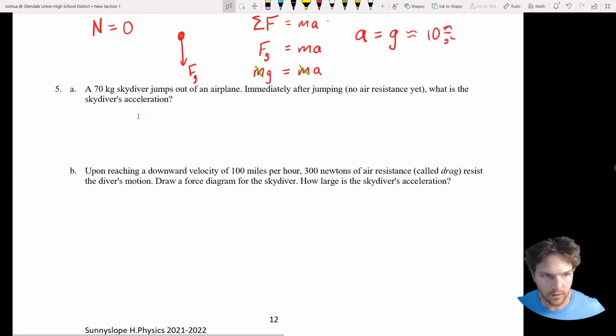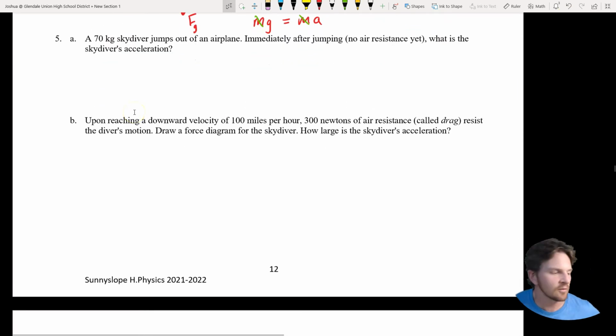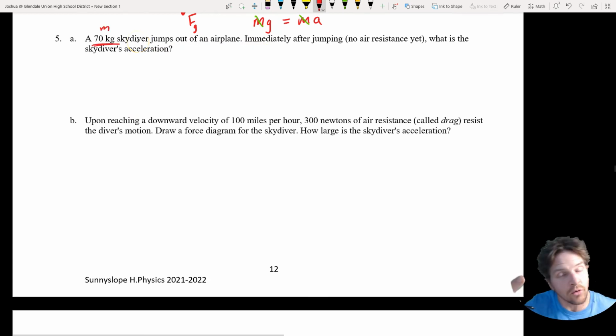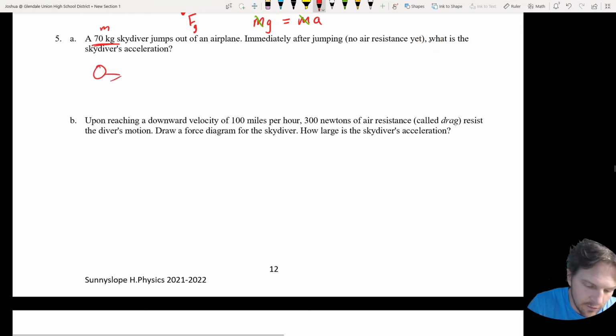Number 5. This one is actually pretty similar to the little tangent I just went on. A 70 kilogram skydiver jumps out of an airplane. So we have their mass, right? Right away, if you have their mass, you can calculate their force of gravity, or their weight. Immediately after jumping, what is the skydiver's acceleration? They are falling.